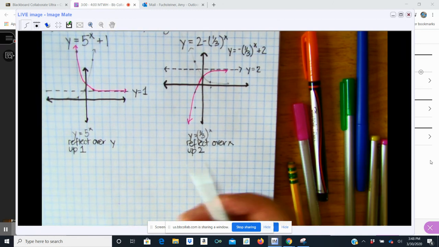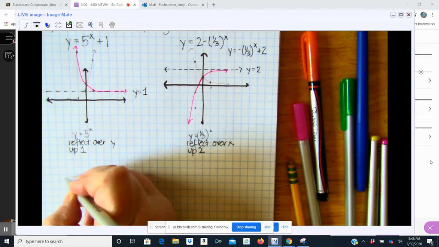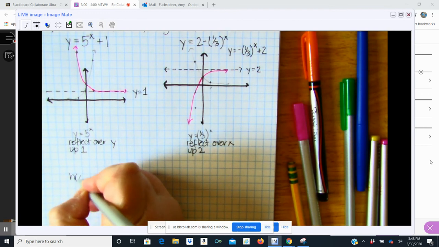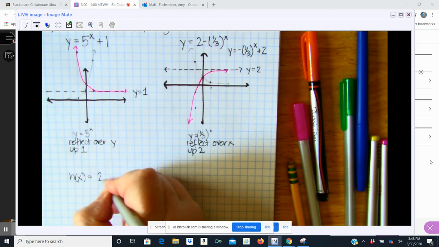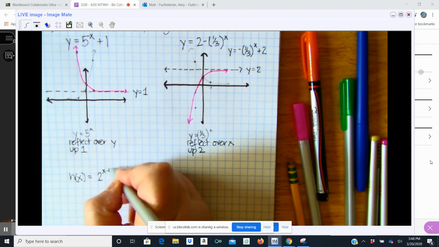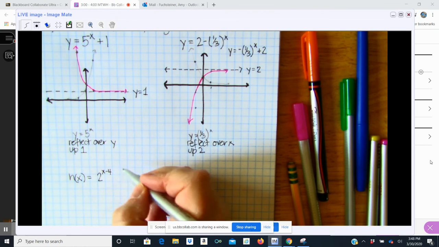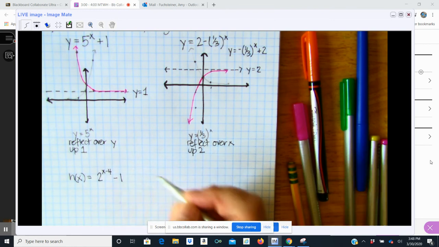Okay, let's try h of x equals 2 to the x minus 4, minus 1.